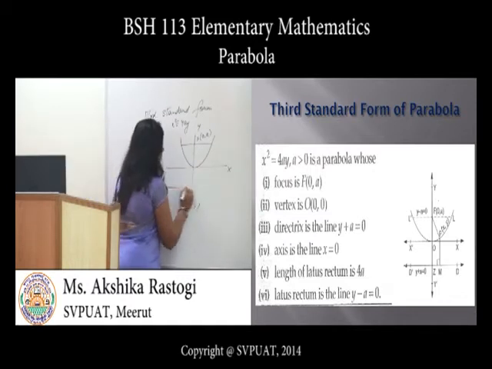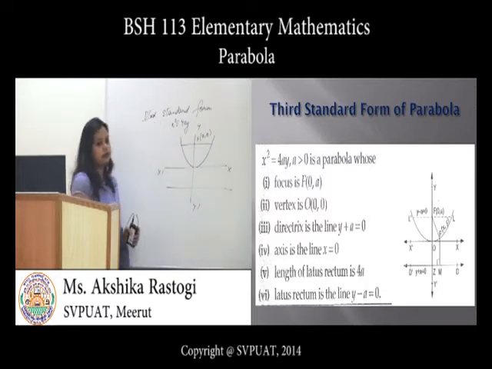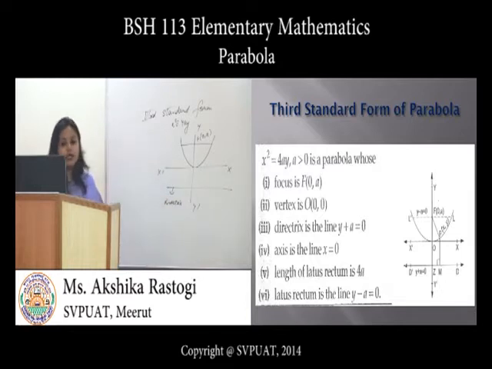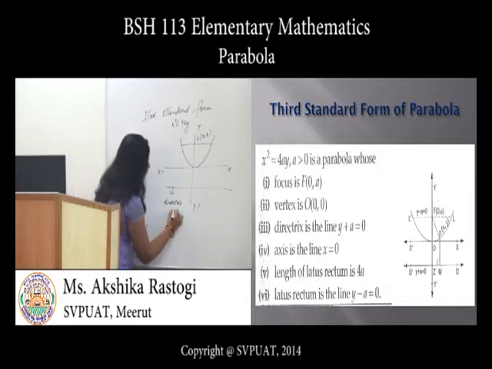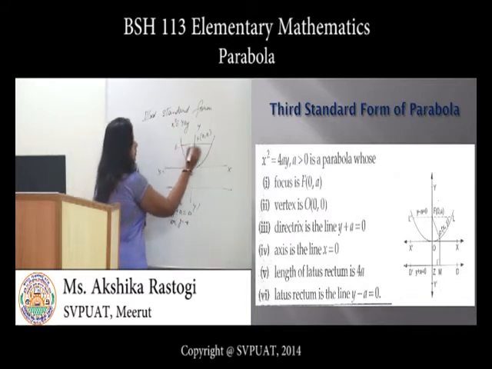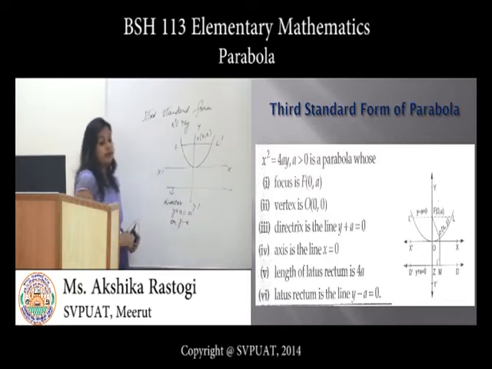Now we have the directrix in this area. This will be the directrix. Now the equation of the directrix will be y plus a equals to 0, or we can write it as y equals to minus a. The latus rectum remains the same.